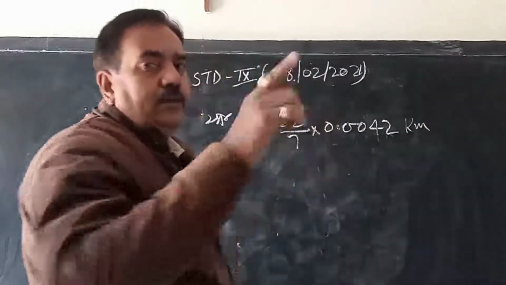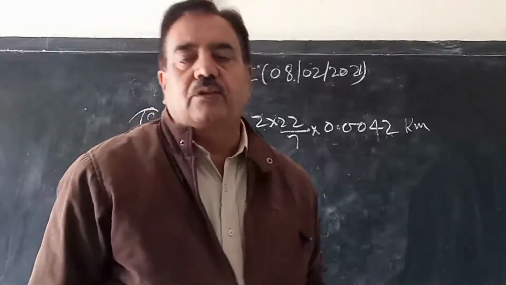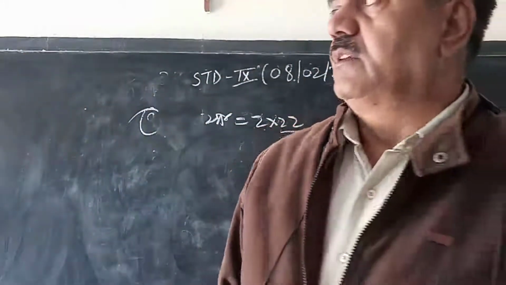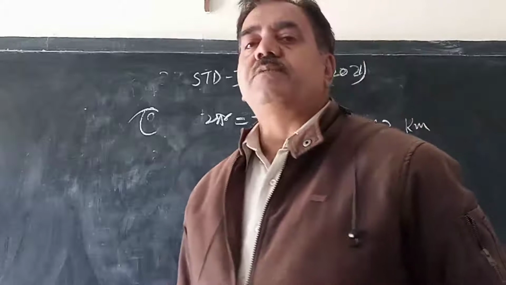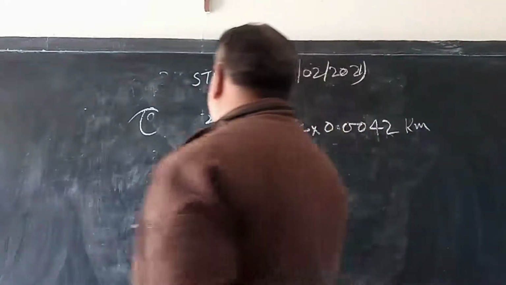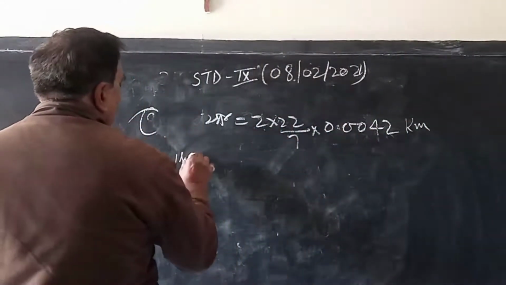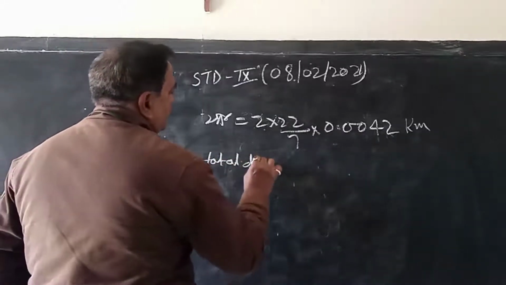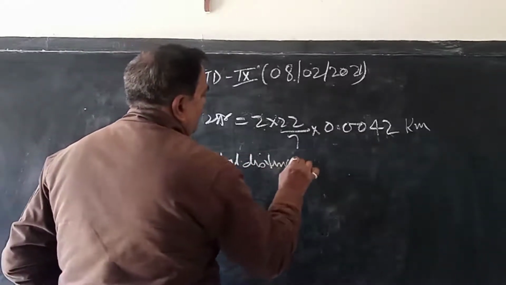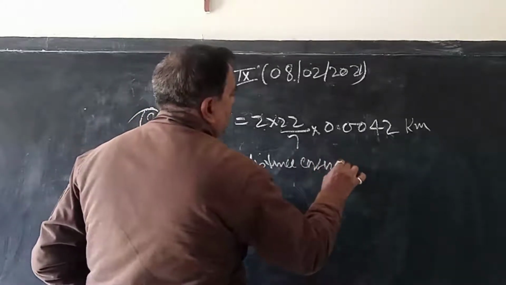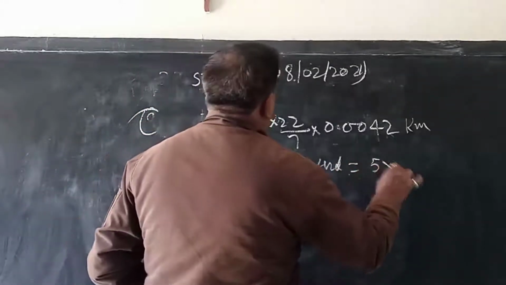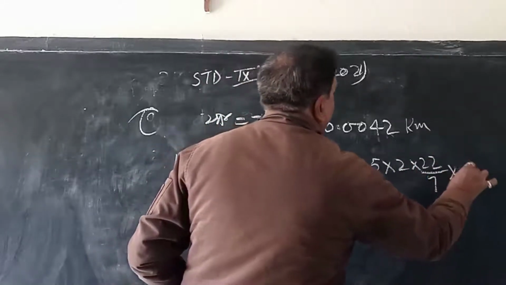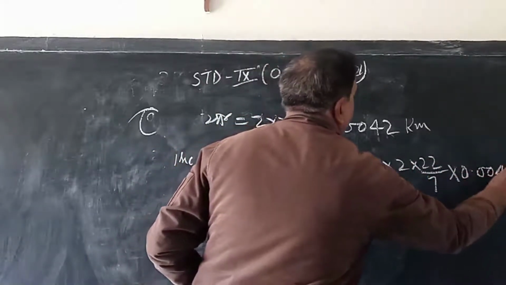This is one revolution. Like that, the wheel rotates 5 times in a second. So, in 1 second, the total distance covered will be 5 into 2 into 22 by 7 into 0.0042.